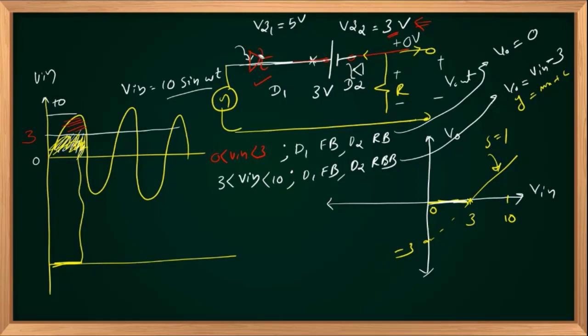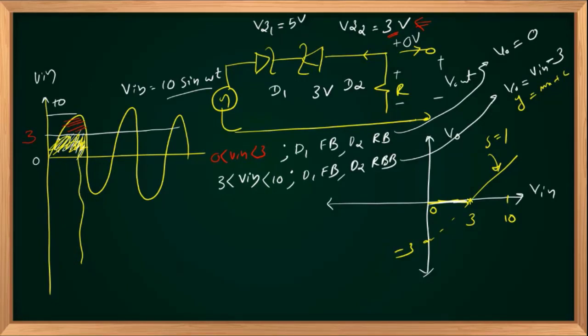Let us take the other cycle, the negative cycle. My diode was connected like this. So here we are about to draw the waveform. So up to 3 volts, V out equals 0. Right? Up to 3, 0. In the 0 to 3 volts region it is 0, and in the other region 0 to 3 it is also 0.